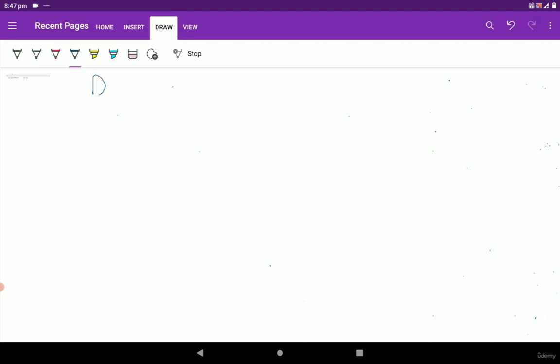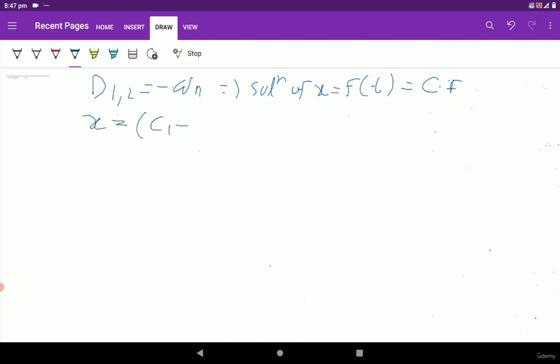The differential equation has the solution x as a function of t, that is the complementary function: x is equal to (c1 plus c2 t) multiplied by e power minus omega n t.